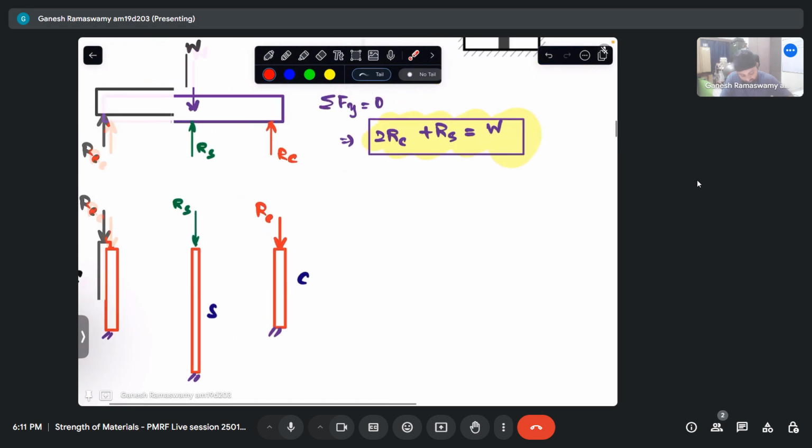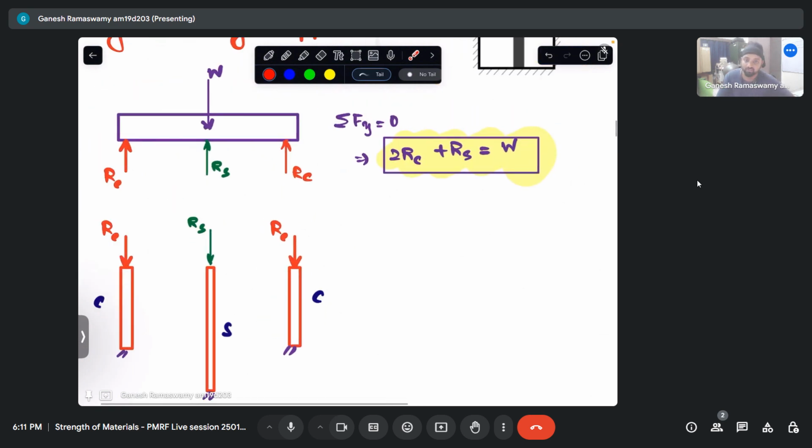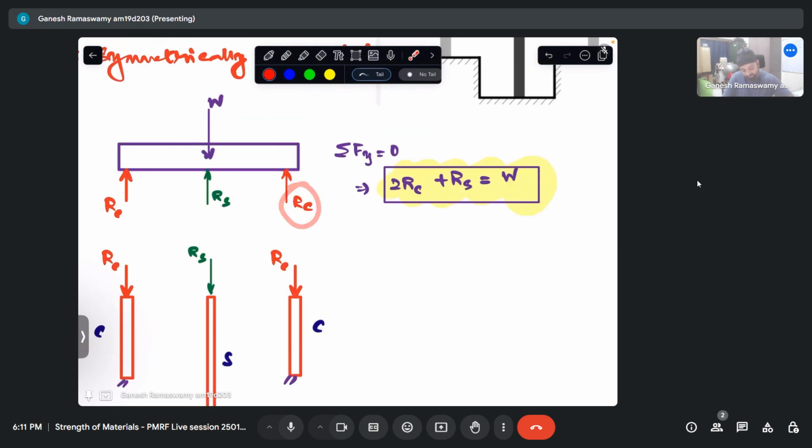All right. So now, can we solve this using the principles of statics is the first question. So we have Rc that is unknown, Rs that is unknown, and W which is again unknown. Hence, there are three unknowns in this problem, which is what makes it statically indeterminate. Hence, there is a need for us to bring in the deformation picture into this problem.